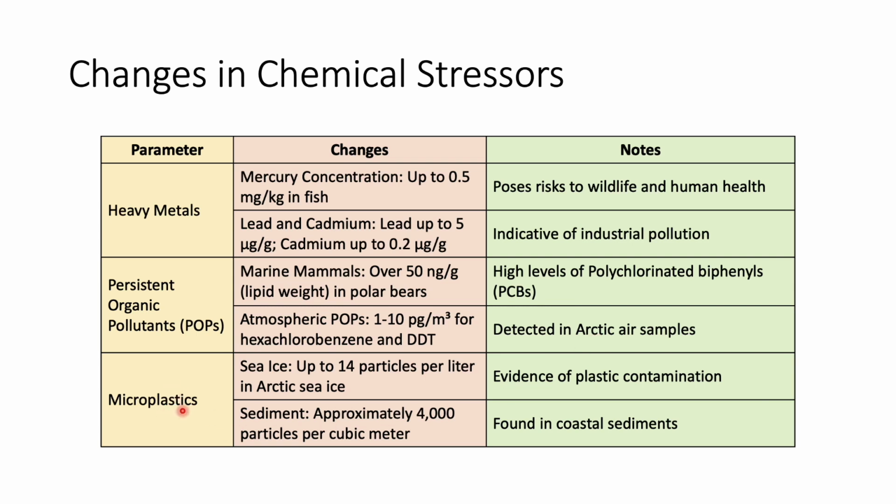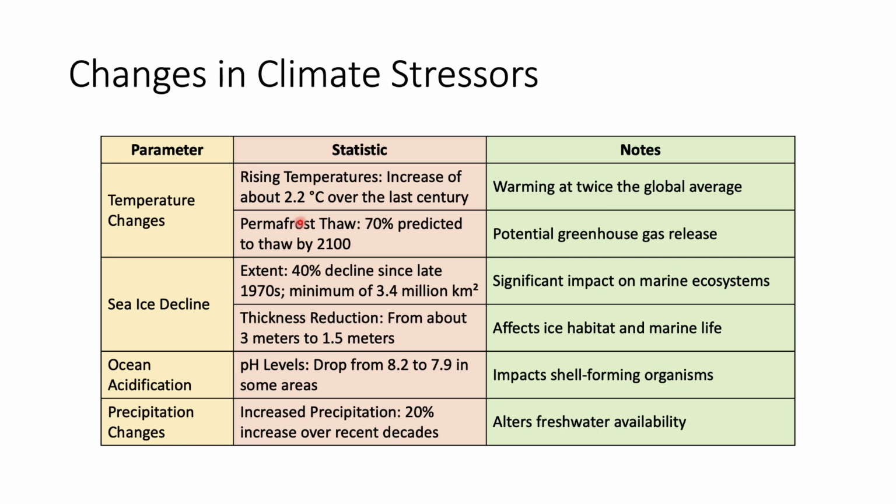Similarly, when we talk about microplastic, there are two major areas. One is the sea ice, and the other one is the sediments. So both of them have lots of microplastics. So this leads to identification of plastic contamination, and microplastic in sediment is mainly found in coastal sediments.